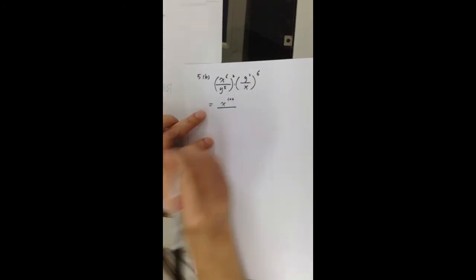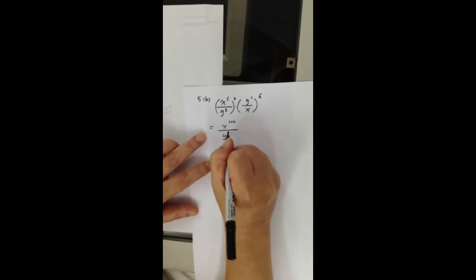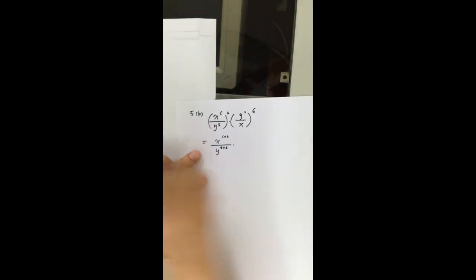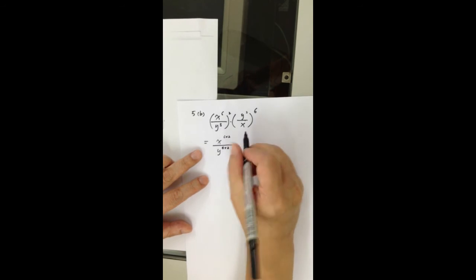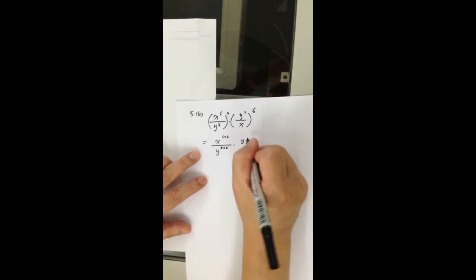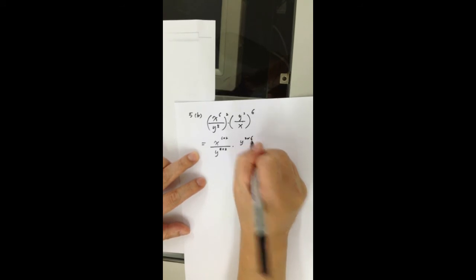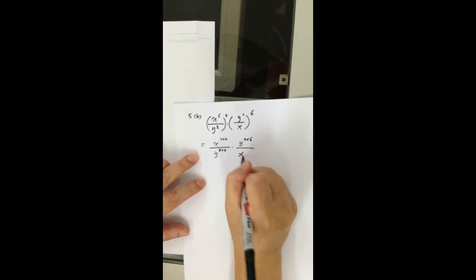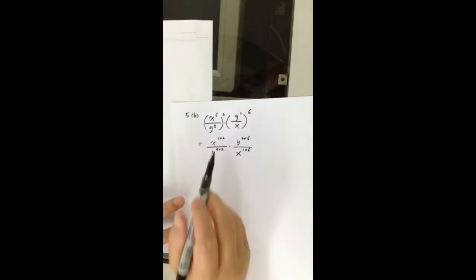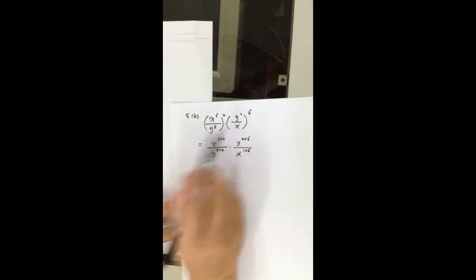For the letter y, y to the power 5 times 2. Okay? And for the second small bracket, we repeat the same procedure. y to the power 2 times 6, x to the power 1 times 6. Remember, there is a small 1 here.